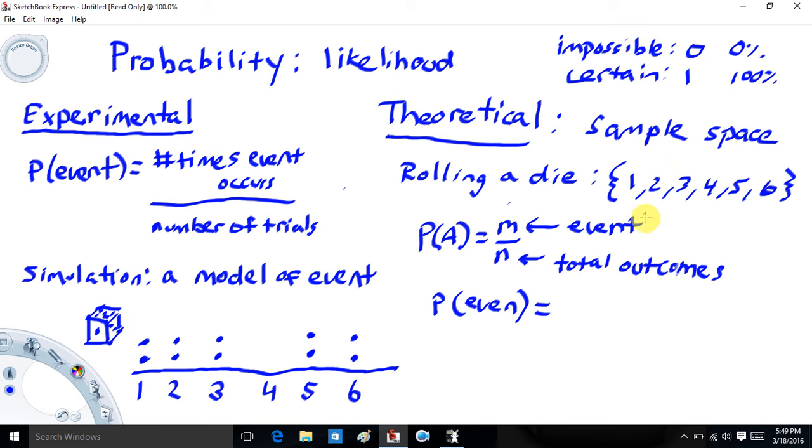So an even number occurs here, here, and here. So 3 out of the possible 6 outcomes represent the probability of an even number.